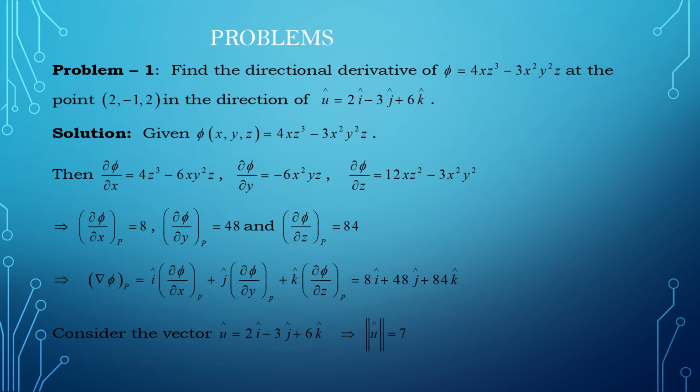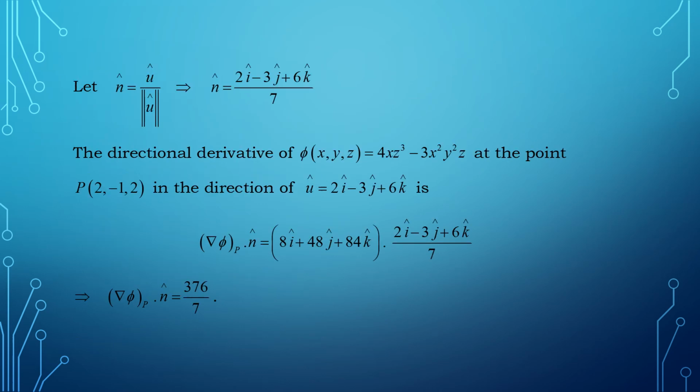Consider the given vector u cap equals 2i cap minus 3j cap plus 6k cap. Now we have to find its length or norm. Norm u cap becomes root over 2 square plus 3 square plus 6 square, which equals square root of 49, and it gives us norm u cap equals 7.